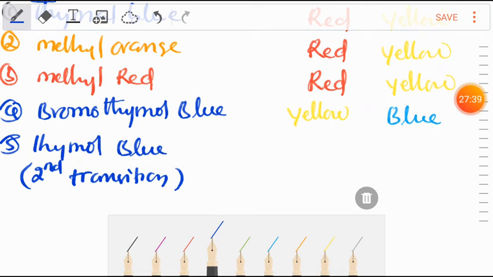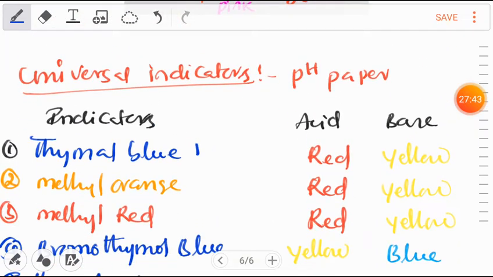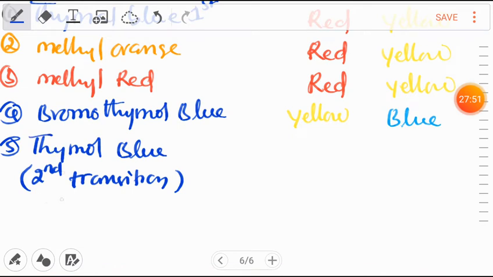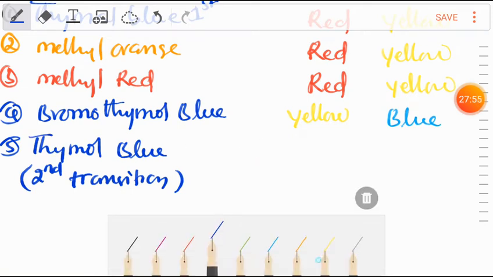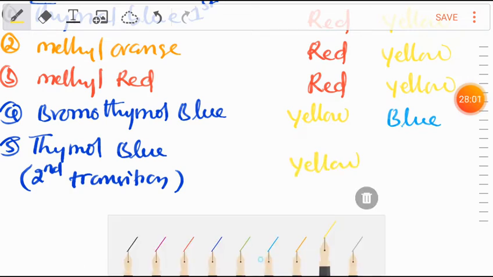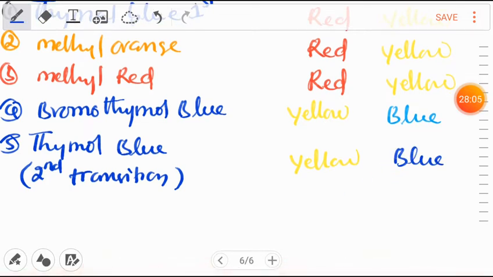First it gives red, after that yellow. This is the first transition. After some time, the second transition, what color does it give? It gives yellow and blue.